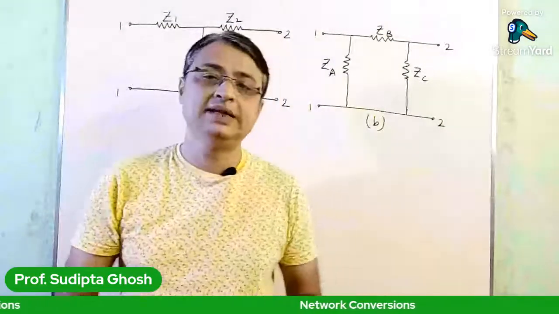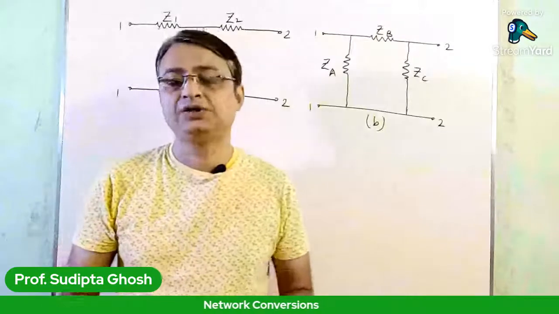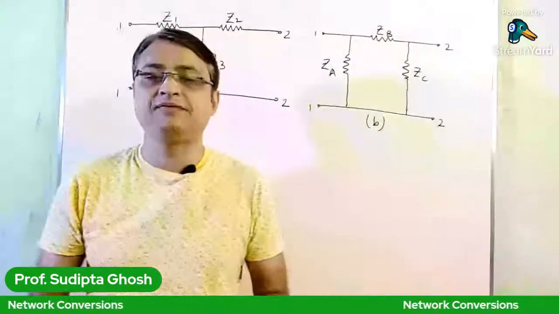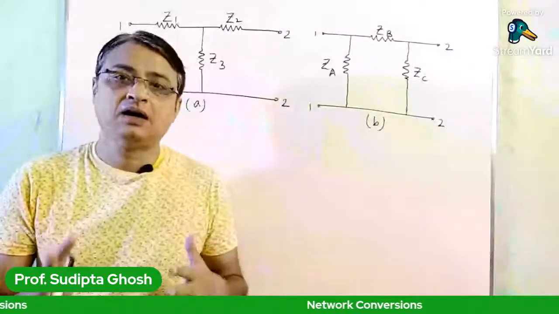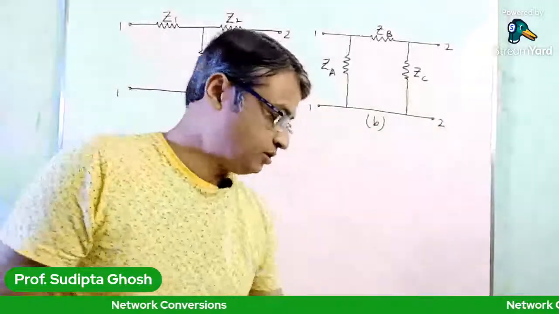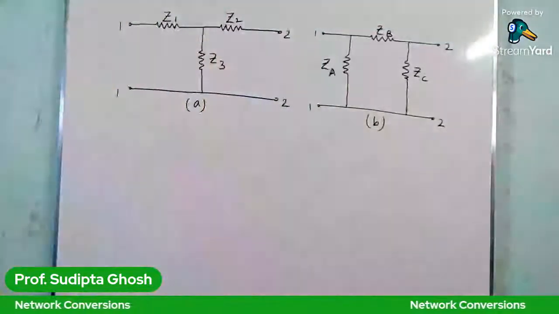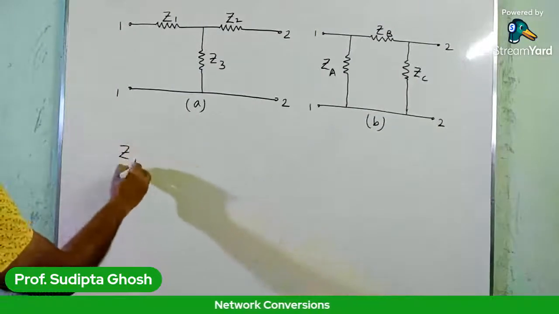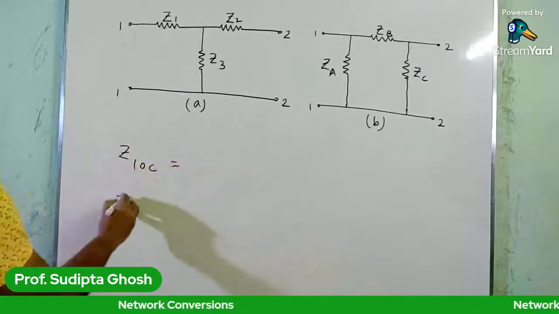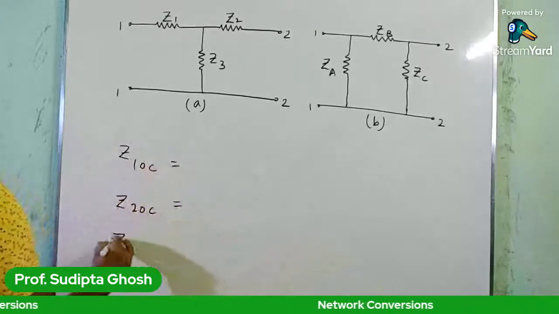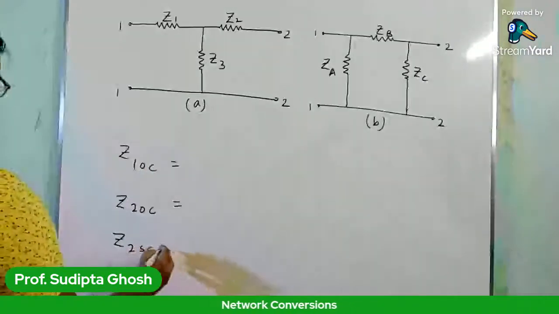So in this lecture, we make use of three of the equations derived in our last class. The equations which are going to be useful are Z1 OC, Z2 OC, and Z1 SC.